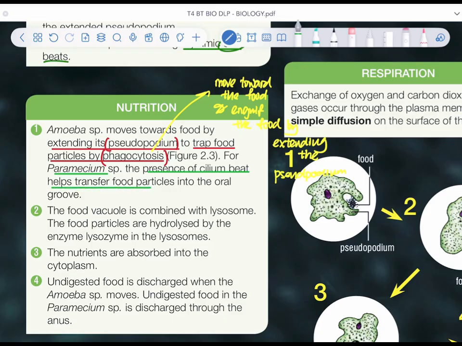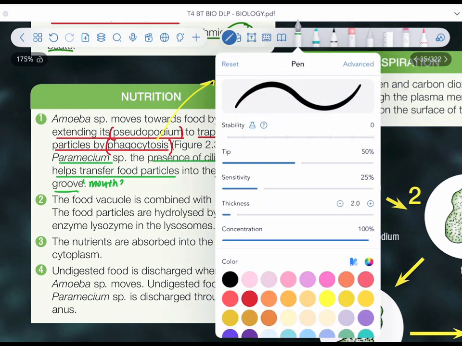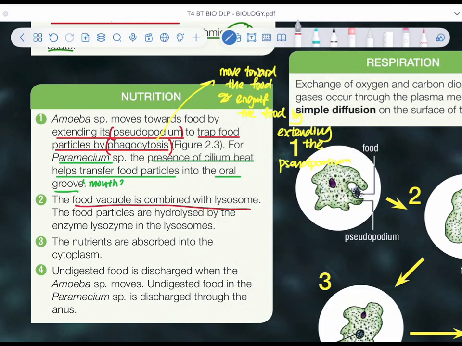Because the presence of cilia beats helps transfer the food particles into the oral groove. So this oral groove is just like the mouth of the Paramecium species. Okay, so the food vacuole will combine with the lysosome.